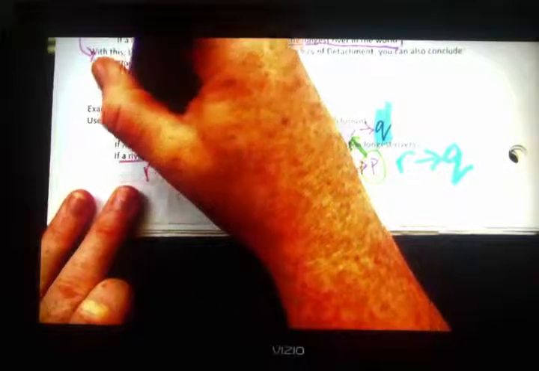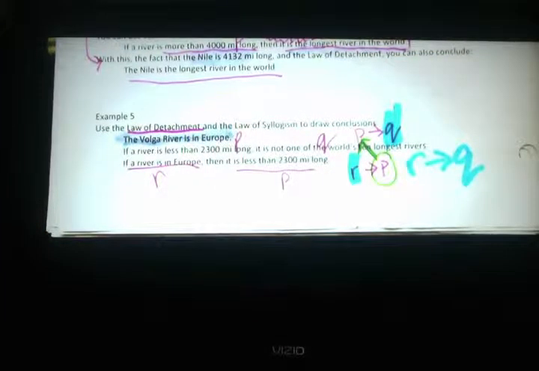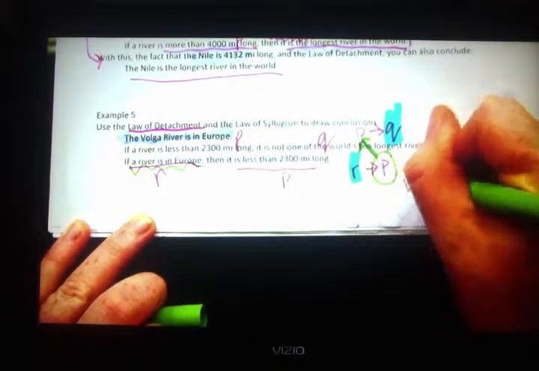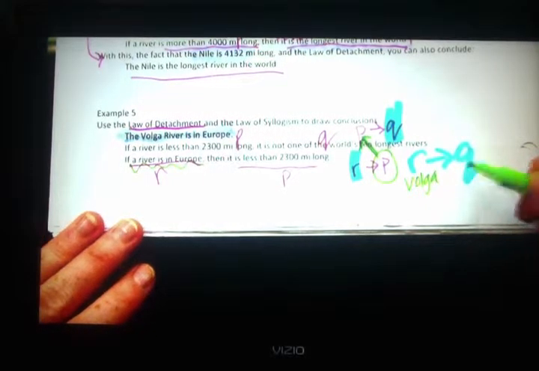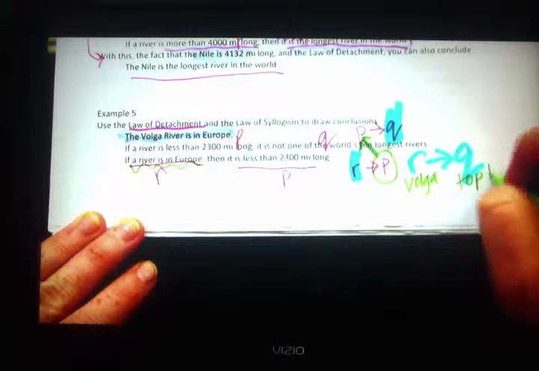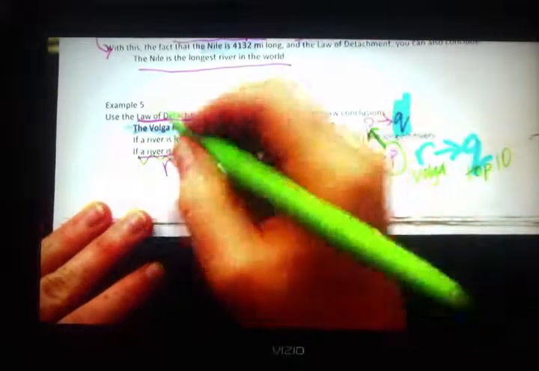Now let's use this example given from the law of detachment. The Volga River is in Europe, okay? We'll see that's a more specific R. R is a river in Europe, right? So here's a more specific R, the Volga. That looks like the law of detachment to me. So if the Volga River is in Europe, then what is Q? Well, it's not one of the top 10. So what can we conclude?